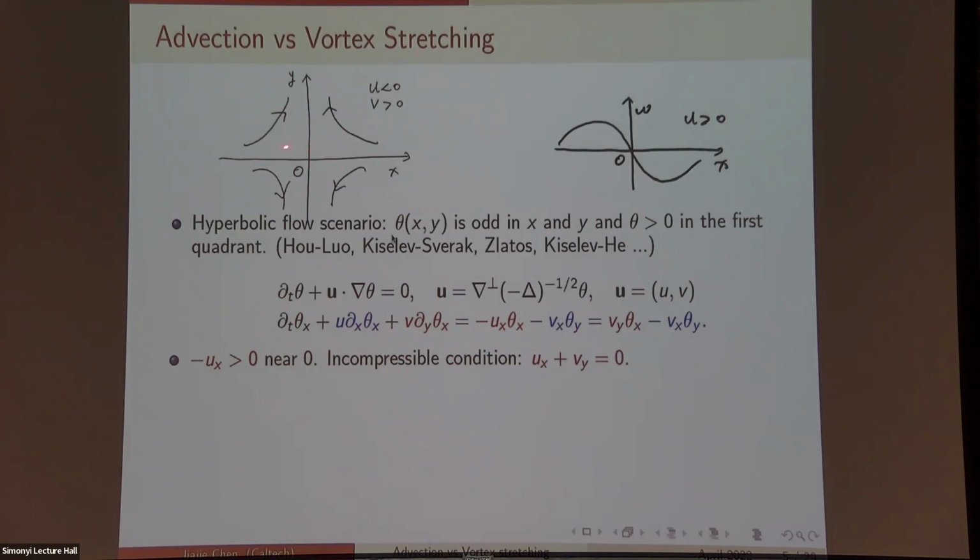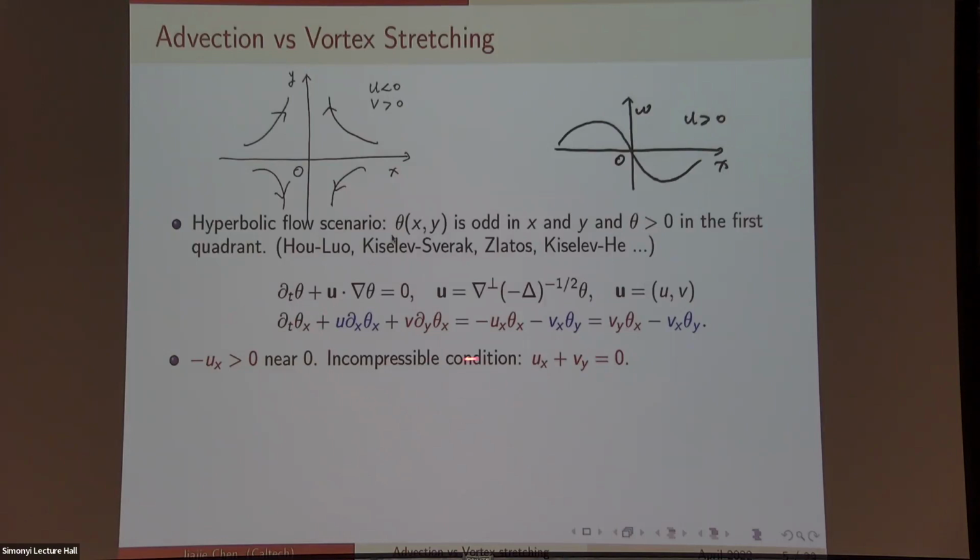In this hyperbolic flow scenario, due to the compression in the x direction, the x derivative of the horizontal velocity is negative, because the flow goes in this direction. Therefore, this coefficient is positive, at least near this origin. So this nonlinear term has the right sign to generate a growth of theta sub x.